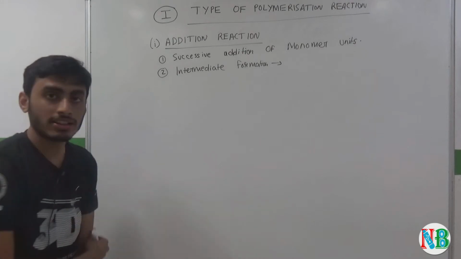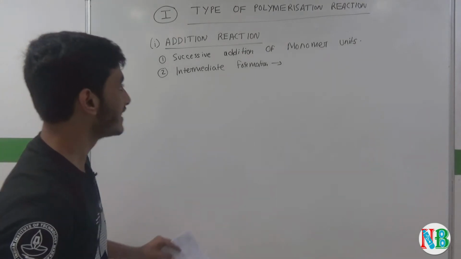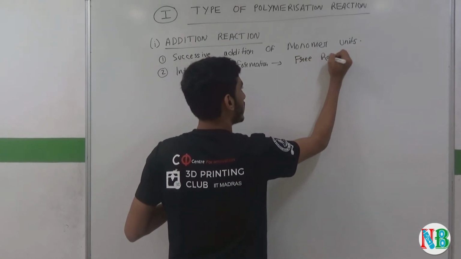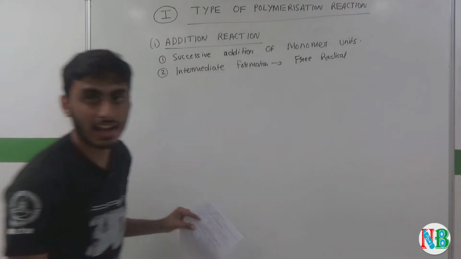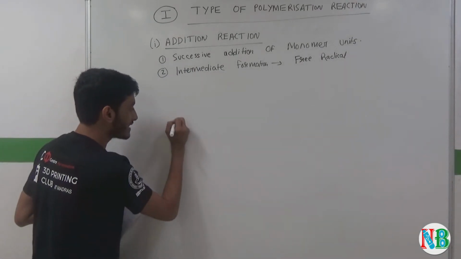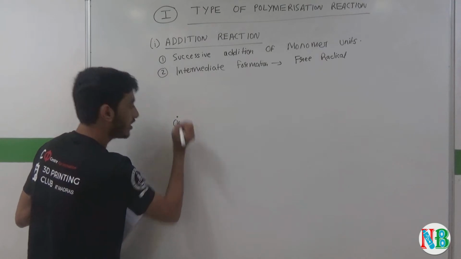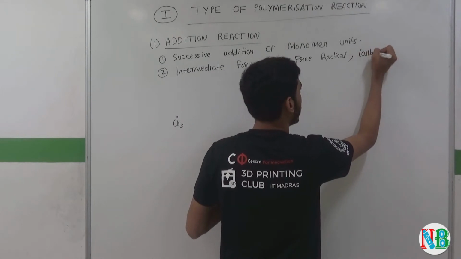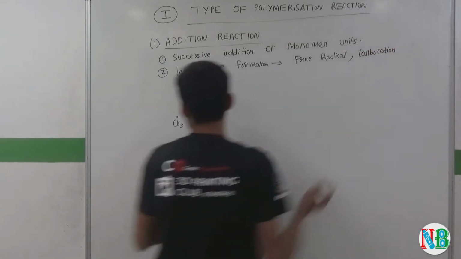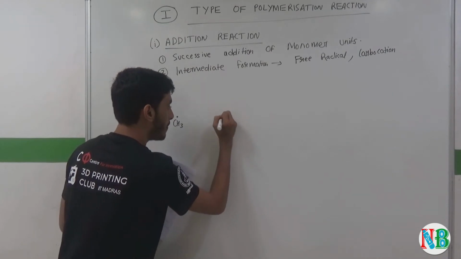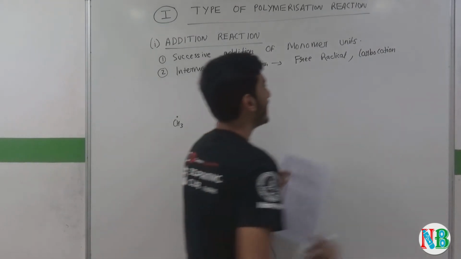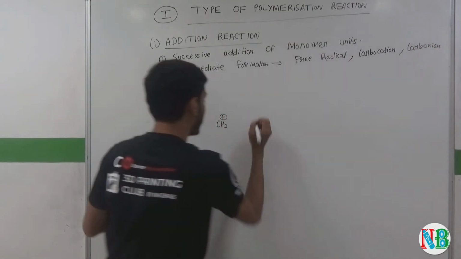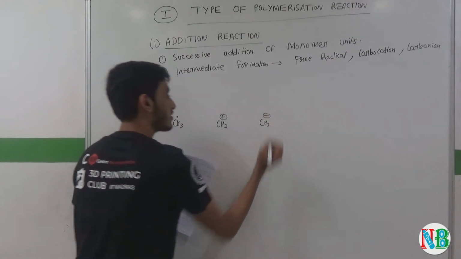In all these reactions, we see the formation of either a free radical, which looks something like CH3 dot, or a carbocation, something like CH3 plus, or a carbanion, something like CH3 minus.